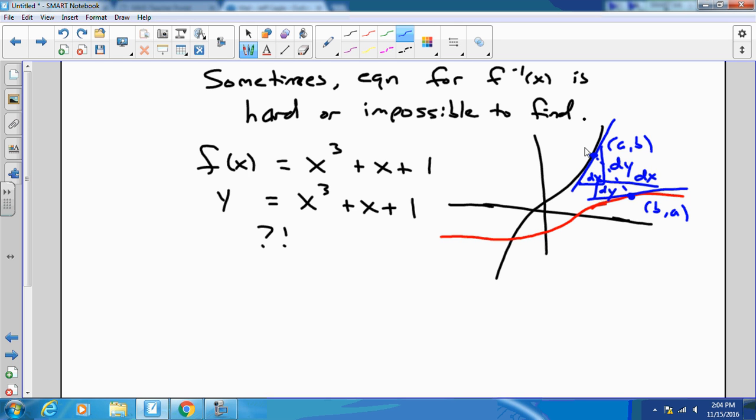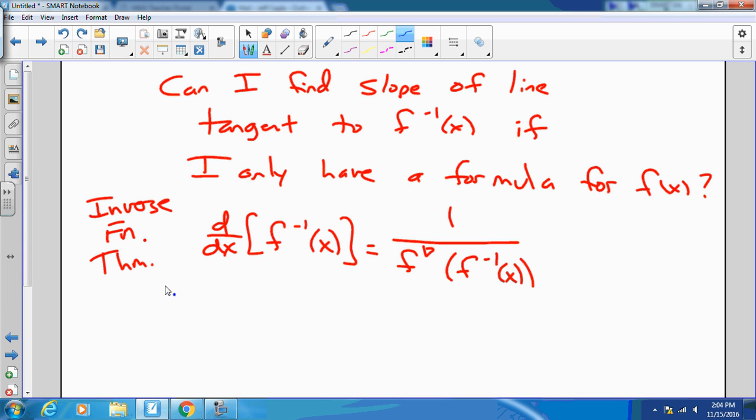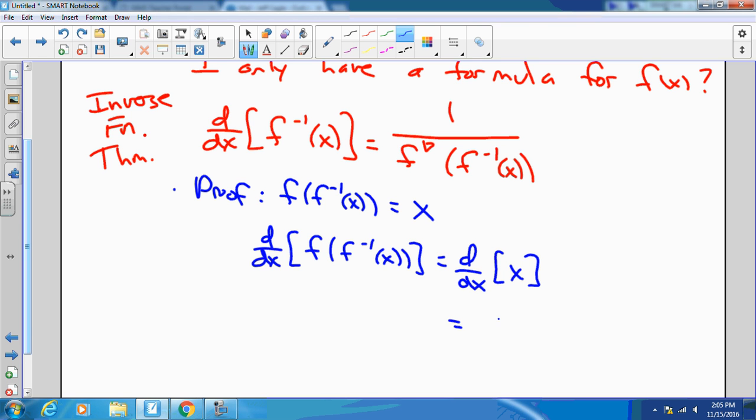Okay. Now, the proof of the inverse function theorem is delightfully simple. We're going to start with the fact that f of f inverse of x always cancels to give us x back. This is what it means to be an inverse. And if I now take the derivative with respect to x on both sides, then on the right-hand side I get 1.